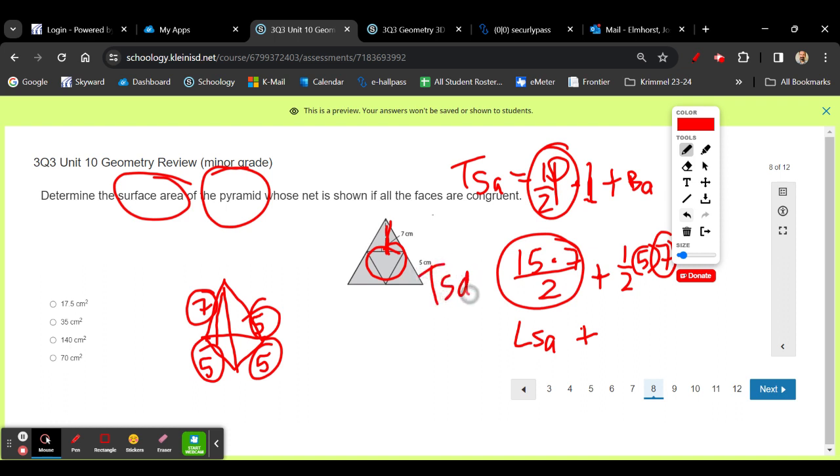Total surface area. Going to do 15 times 7 divided by 2, then 5 times 7 divided by 2, and you're going to add that all together to get the total surface area.